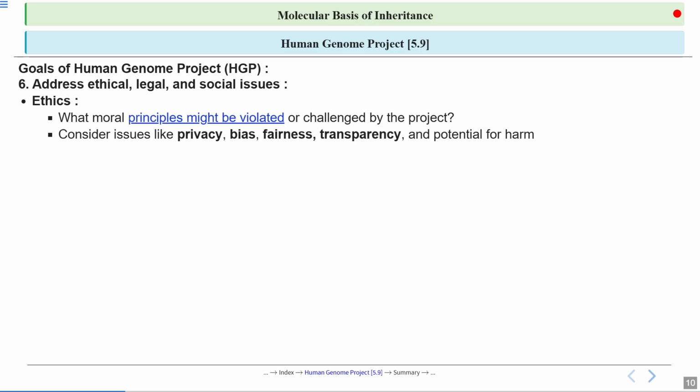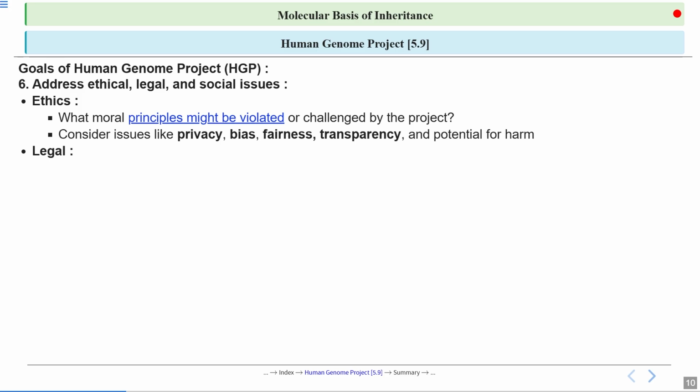If we are getting to know everything about the human genome, is there any potential harm, any issue regarding privacy, bias, fairness and transparency that they have to keep in mind?